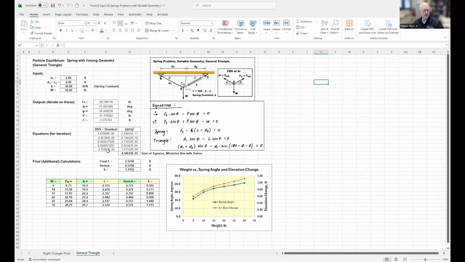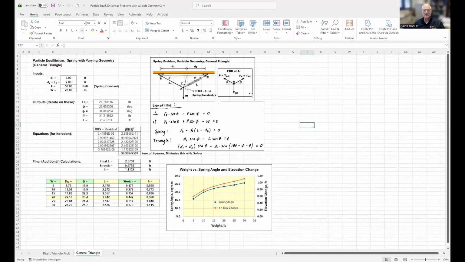And then I square them, and then I sum the squares. And so ultimately, I'm using Solver to minimize this sum of the squares. It's not going to be 0, but I'm going to minimize it. And so we can take W, this is currently W equal 30. Let's just put 20 here, which is basically this guy right here.